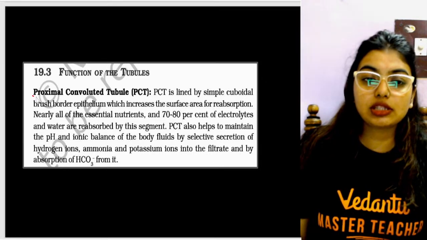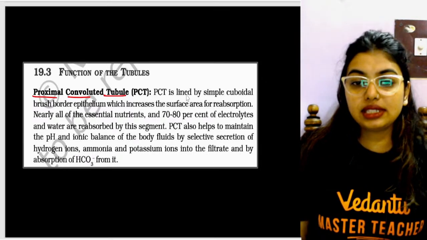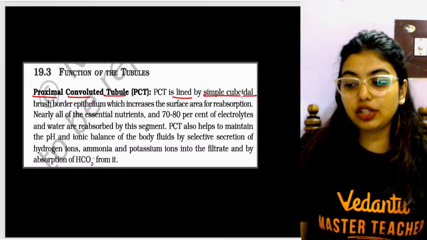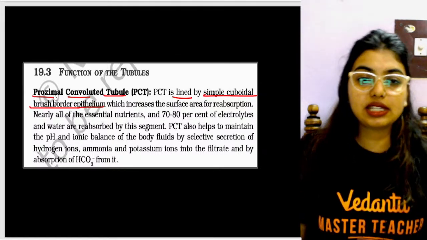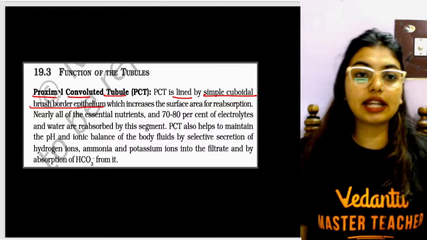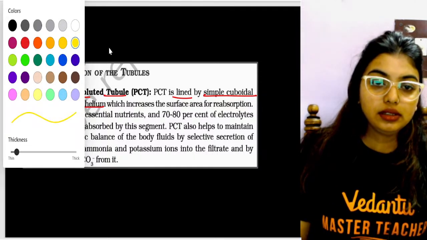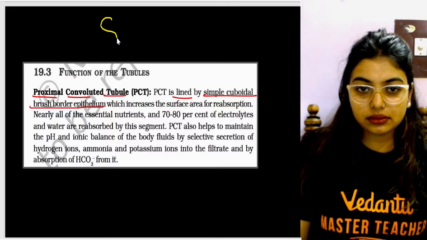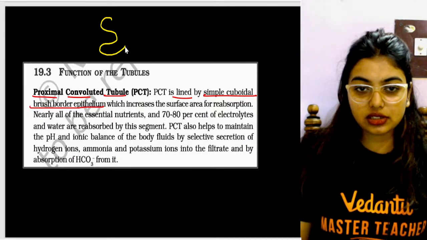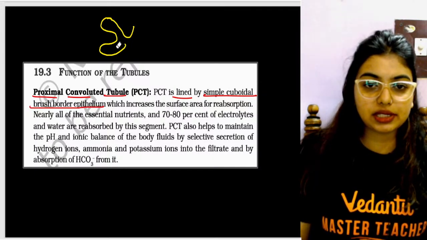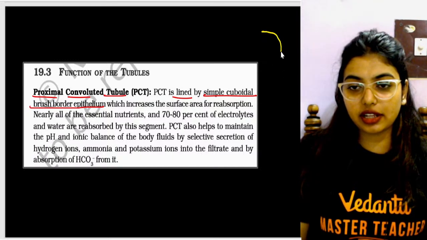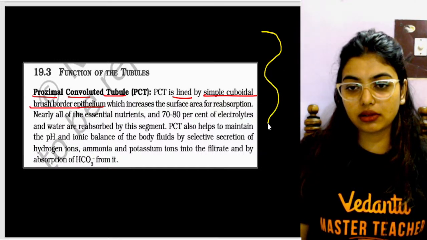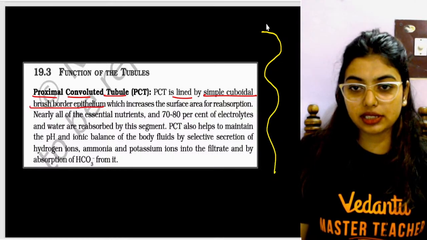Proximal convoluted tubule, PCT, is lined by simple cuboidal brush border epithelium. Let's just draw PCT directly. This is your Bowman's capsule, and this is your PCT.